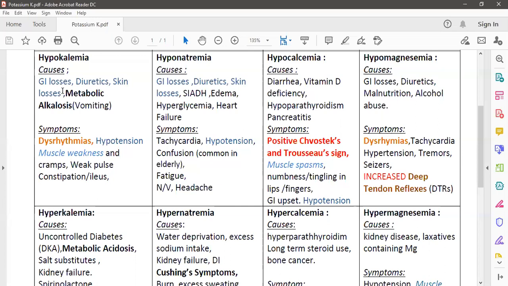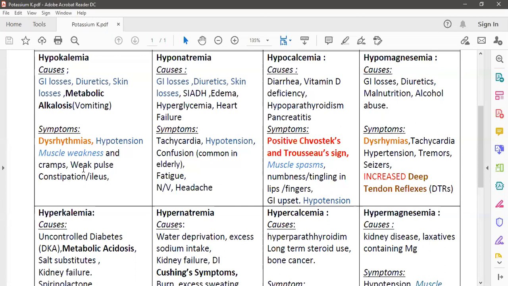You know that potassium is an important component of muscle function and nervous function. So muscle weakness, weak pulses, the patient develops cramping, or constipation develops, right? So these are the common signs and symptoms if the patient has hypokalemia.